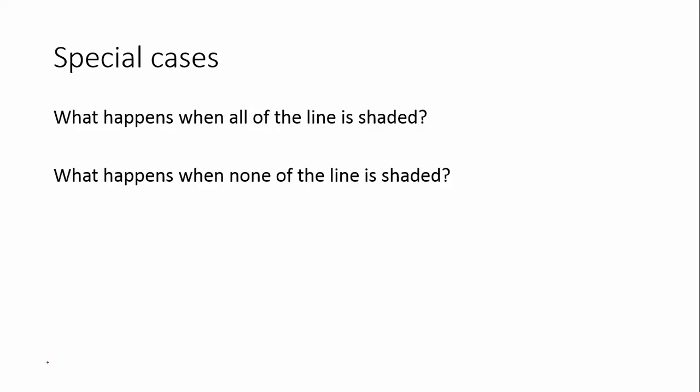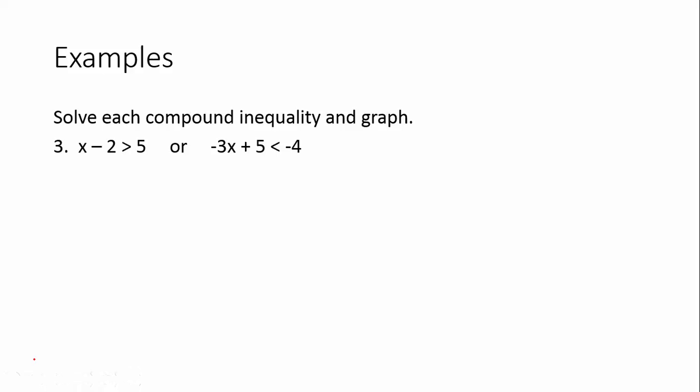So let's talk about some special cases, such as what happens when all of the line is shaded, or what happens when none of the line is shaded. We're still solving the inequality and graphing. So let's treat this just like a regular or inequality where we solve each one individually. So we add 2 to both sides.